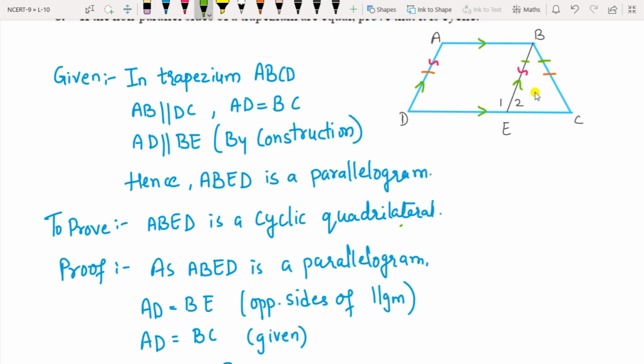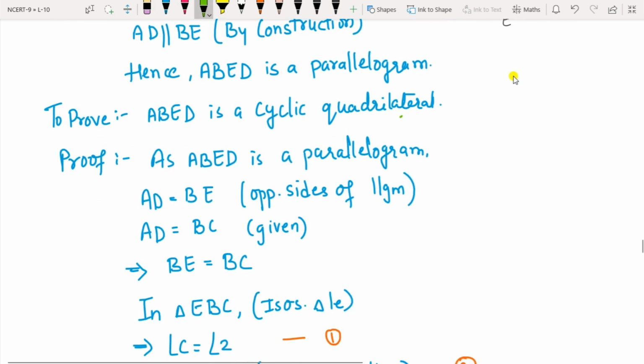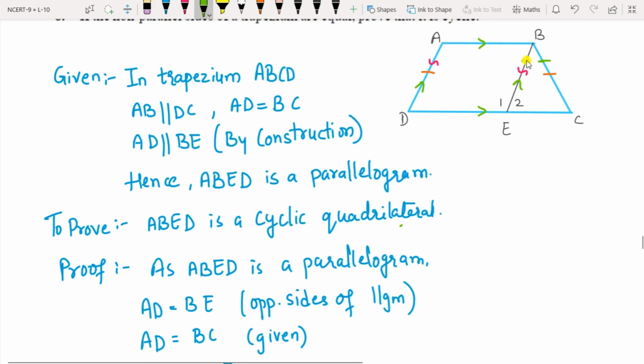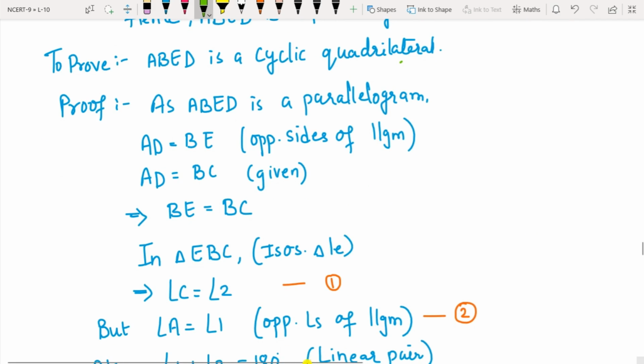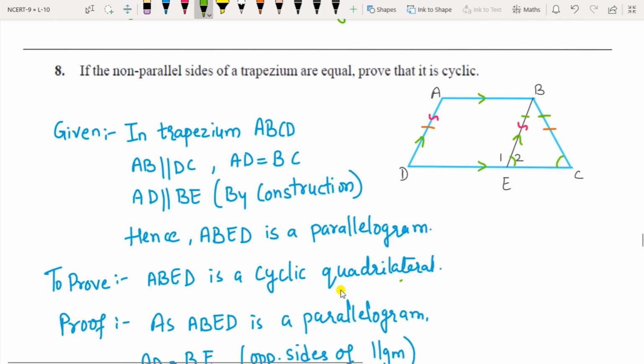Now consider this triangle EBC. As these two sides are equal, therefore these two angles will be equal, and this angle will be equal to angle C, because it is an isosceles triangle. That is equation number 1.